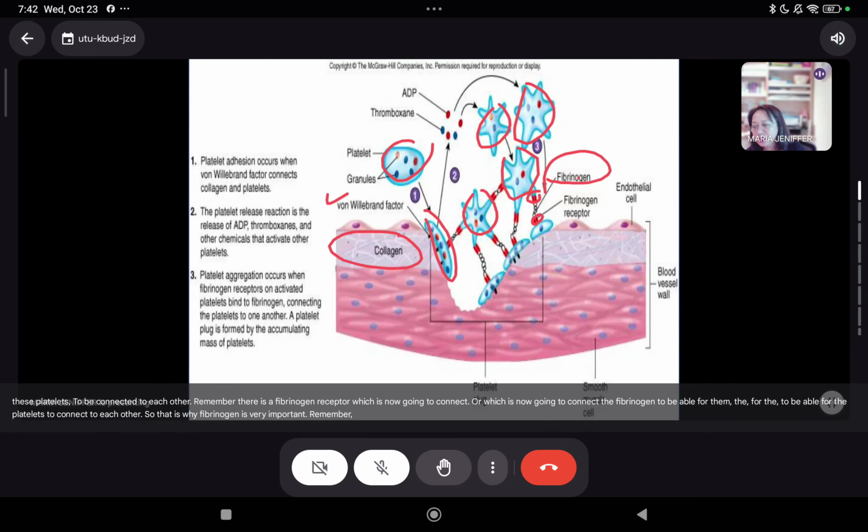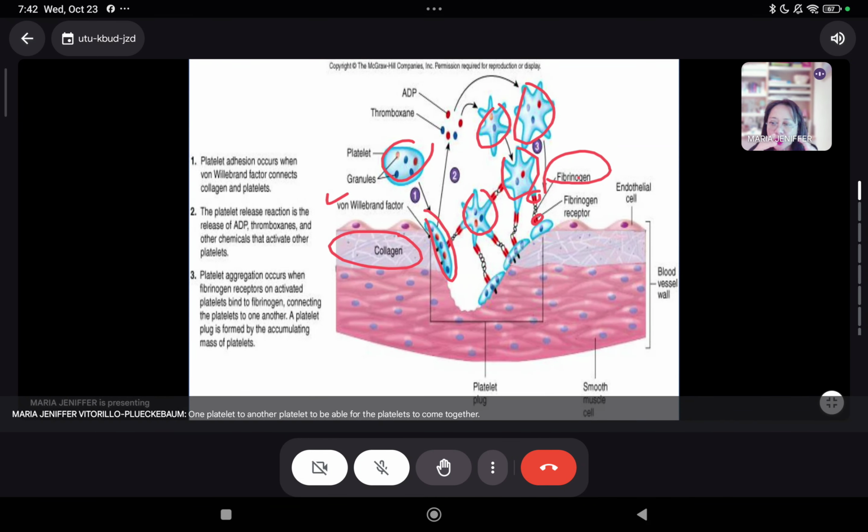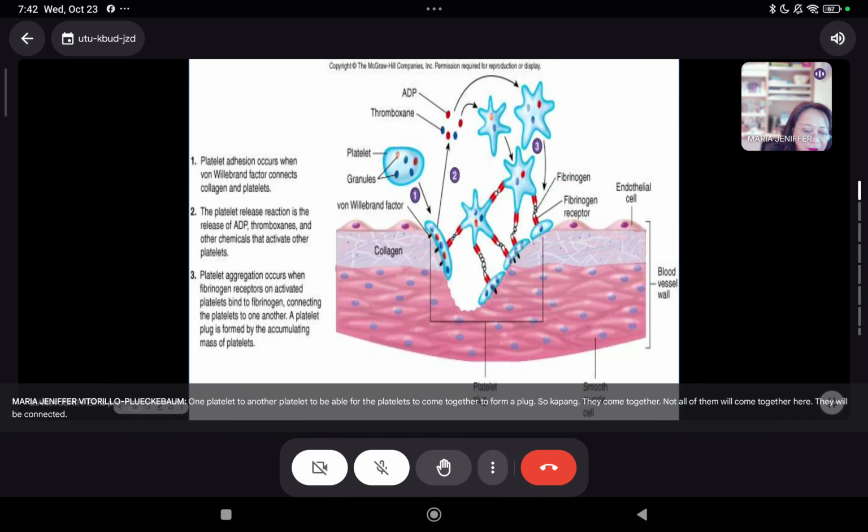Remember, fibrinogen is a type of clotting factor. This is the protein that is going to connect one platelet to another to form a plug. So kapag they come together na, they will be connected by the fibrinogen.